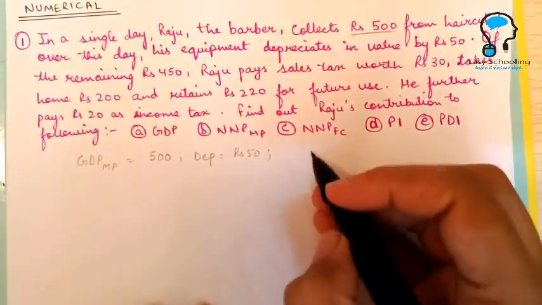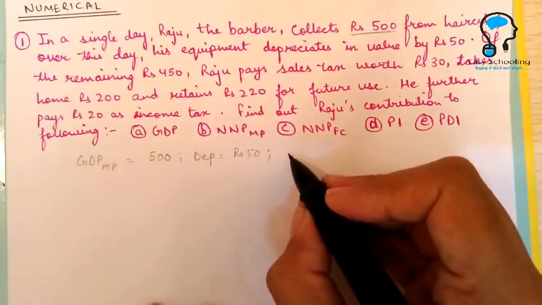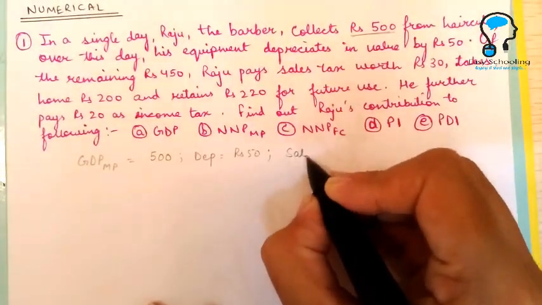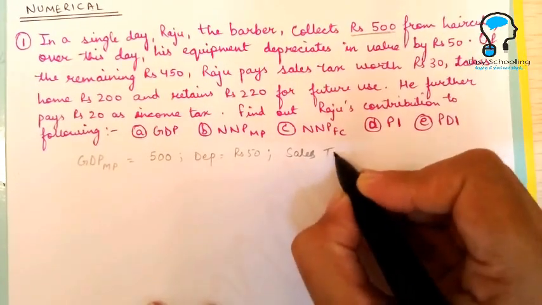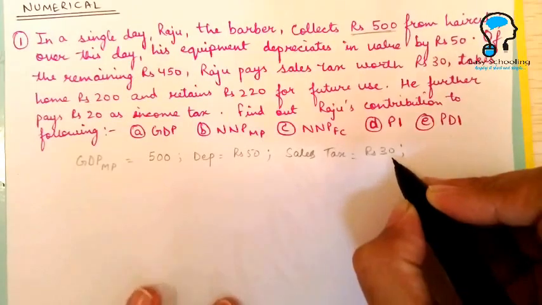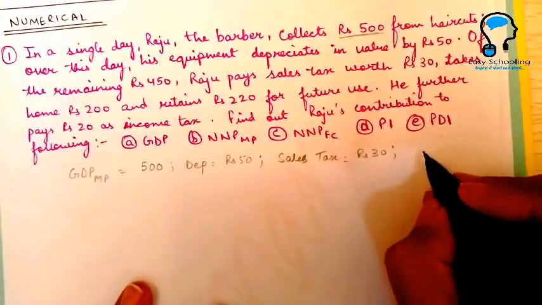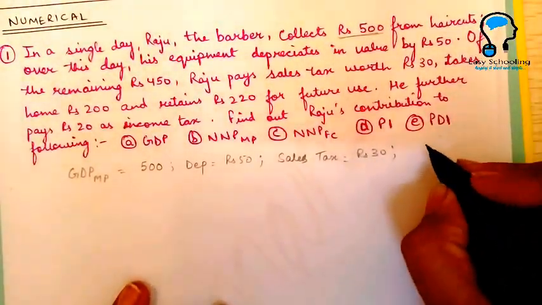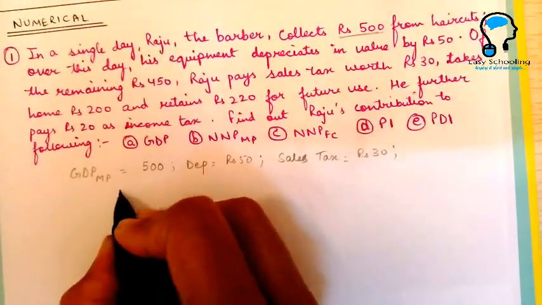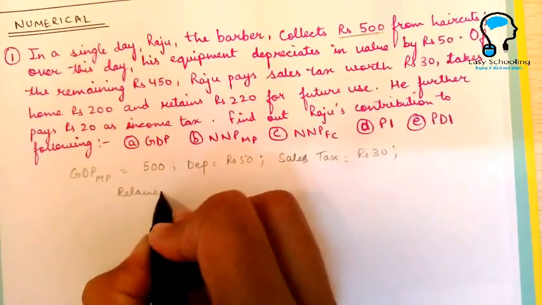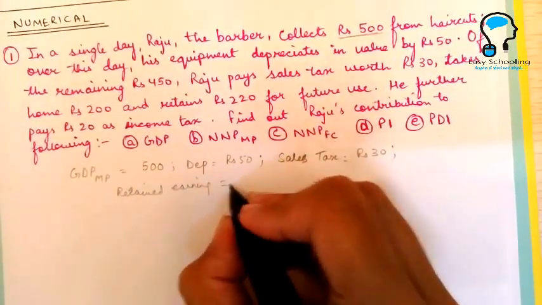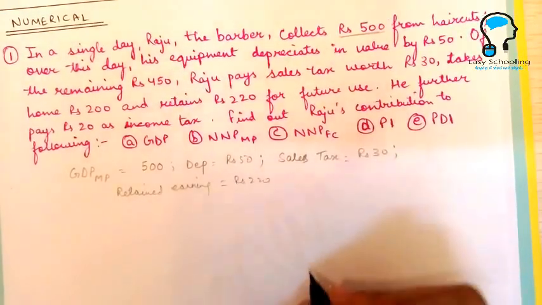Okay, then we are given of the remaining rupees 450, Raju pays sales tax rupees 30. Okay, then takes home rupees 200 and retains 220 for future use. Retained earning is rupees 220.